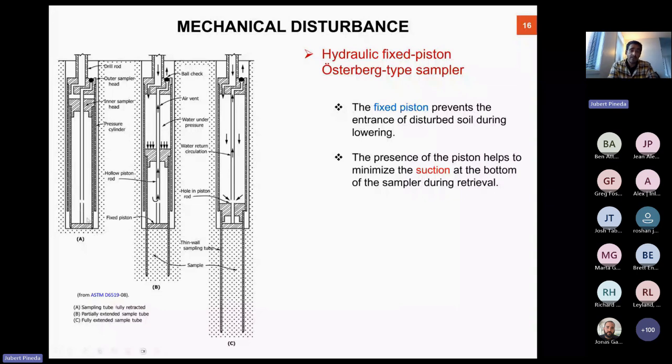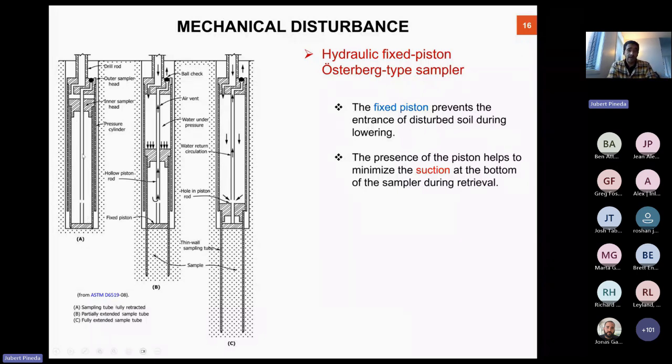In addition to that, we include an internal piston inside the Shelby tube. The piston is locked, fixed at the base of the Shelby tube, before the sampling happens, before the Shelby tube is pushed into the natural ground.